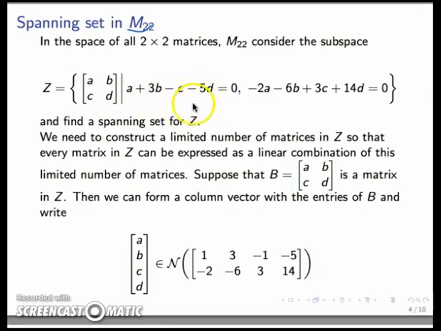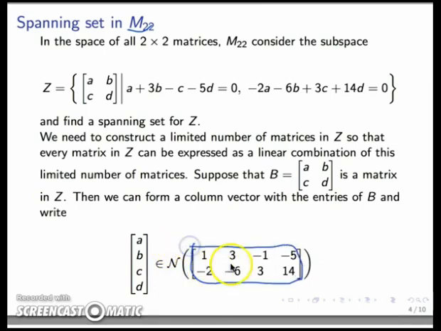By satisfying these equations, what we're saying is that this is a homogeneous system of equations, which is equivalent to stating membership in the null space of this matrix that we specify here.